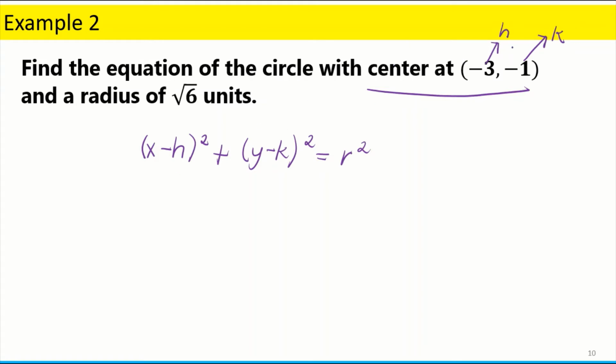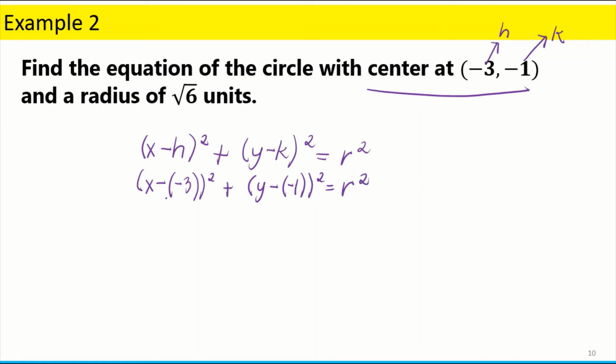Substituting the values of h and k into our formula, we have (x - (-3))² + (y - (-1))² = r².